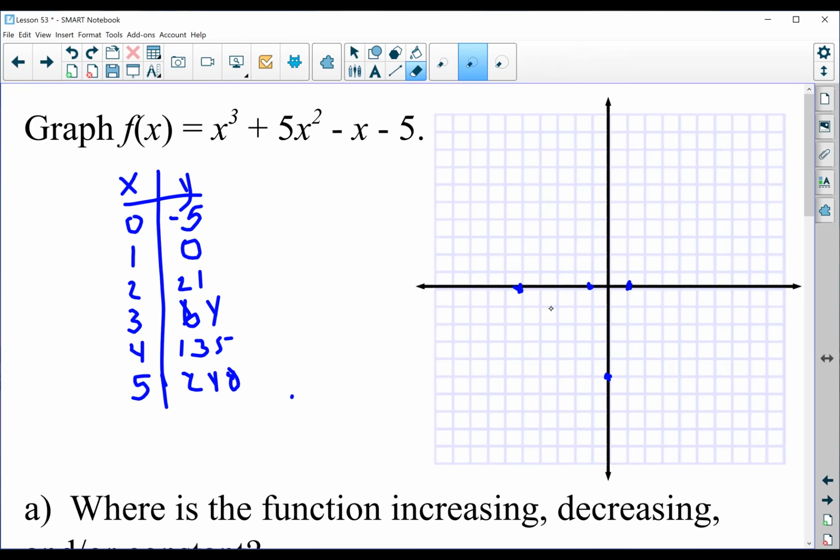So my graph should look something like this.